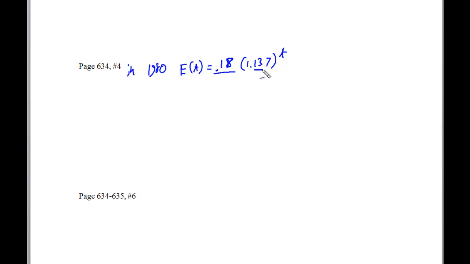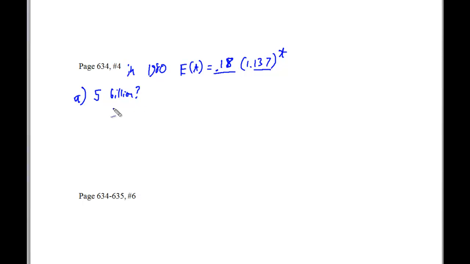The growth rate is 13.7% because the percentage is always going to be the one that's above or below 1 in the straightforward annual or monthly or incrementally increased equations here. So in 1980, this is the equation, and in part A, the question is, when will we get to 5 billion?